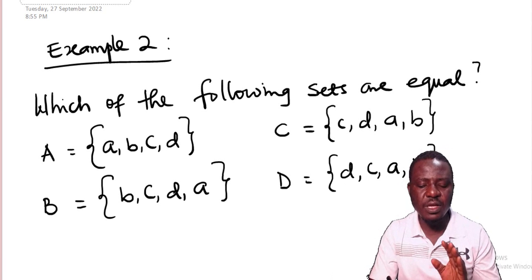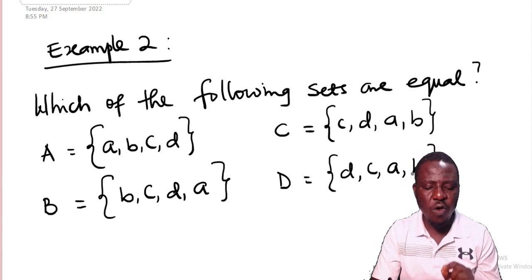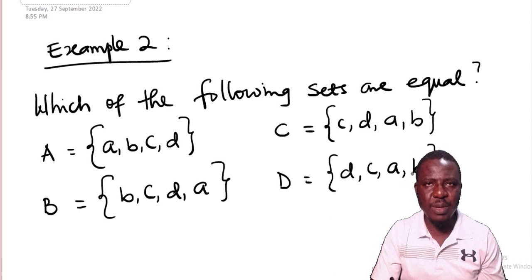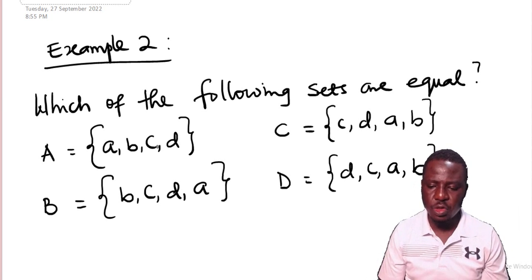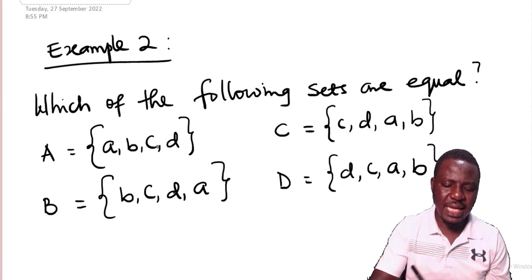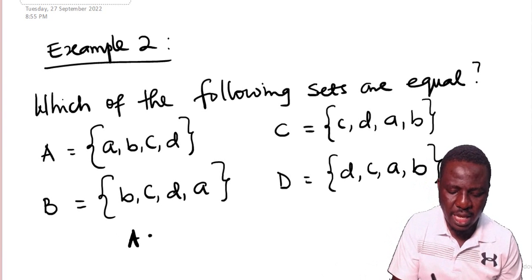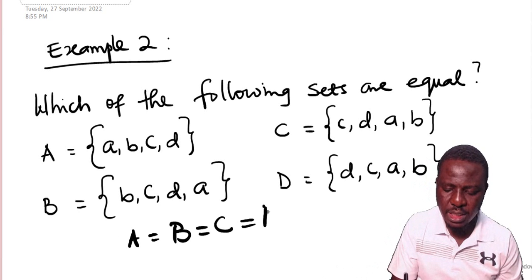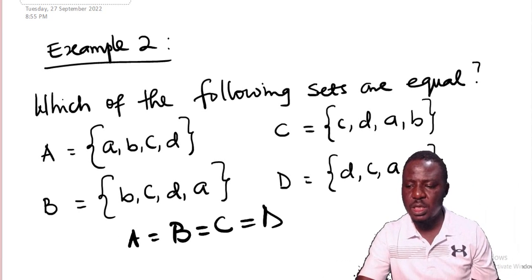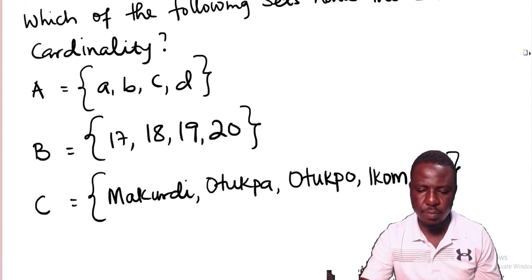They all have equal cardinality, and the elements are also equal, irrespective of how they are placed. They all have A, B, C, and D. So I will say that the sets A, B, C, and D are equal. That means the sets are said to be equal.